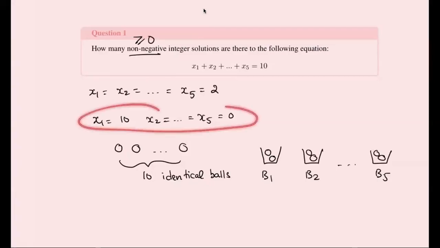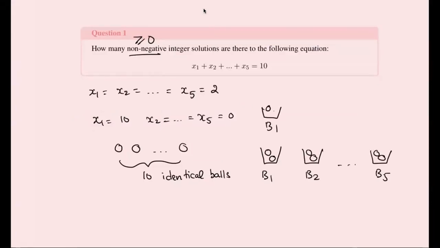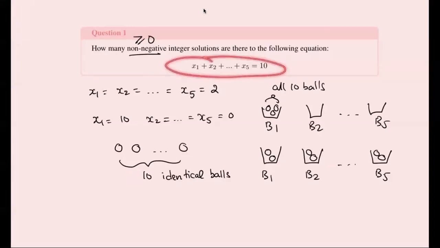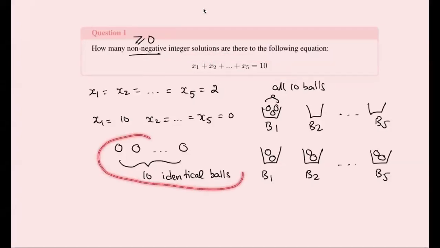Or if you look at this solution here, where x1 equals 10, it is the same as putting all 10 balls into bin 1, and bin 2 up to bin 5 are empty. Which means the problem of how many non-negative integer solutions there are to this equation is the exact same problem as how many ways there are to distribute 10 identical balls into 5 bins.